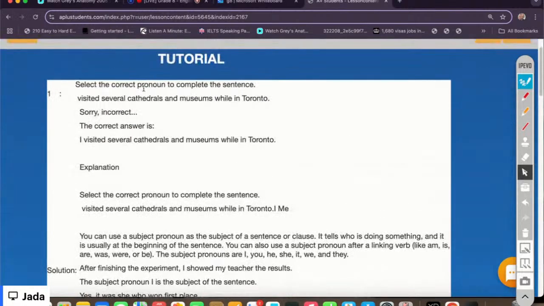So we have, select the correct pronoun to complete the sentence. Dash visited several cathedrals and museums while in Toronto. So you need to find the subject, okay? It just says visited. So we do not know who visited. So it could be I visited several cathedrals. Of course, I is a subject pronoun.